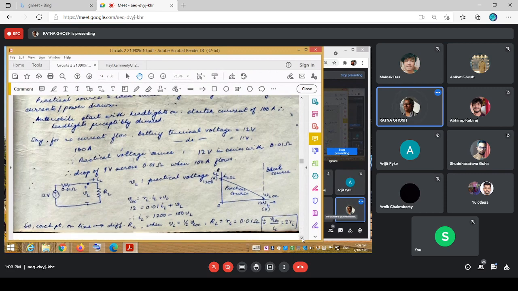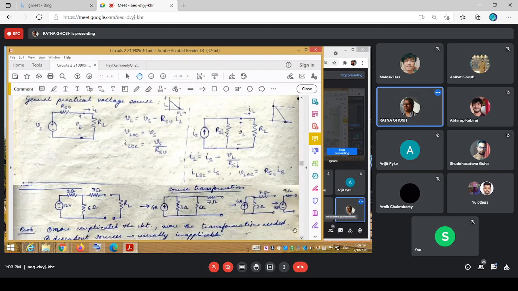Now, to go on further, let us look at a general practical voltage source, and correspondingly a general practical current source. This would be the corresponding current source.